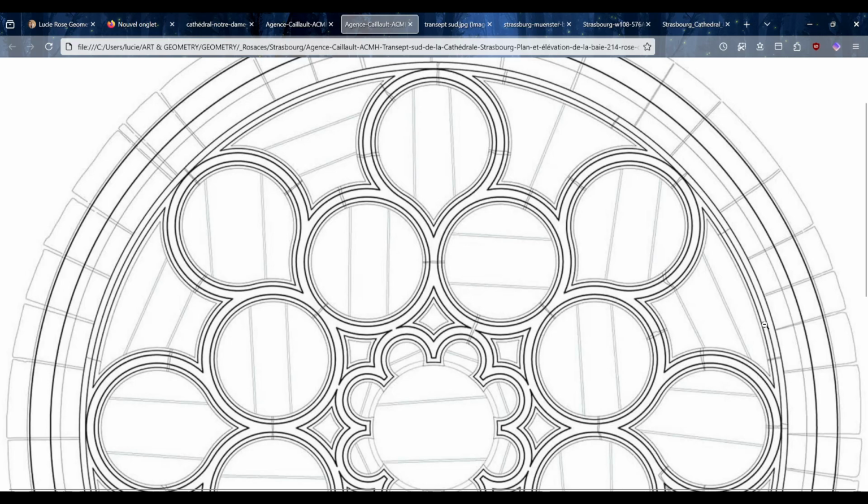And you can see here on the outer, the biggest circle is treated a little bit differently than the rest.